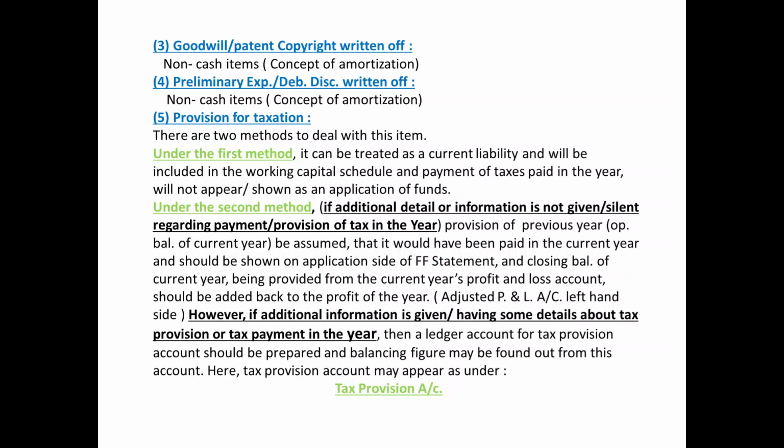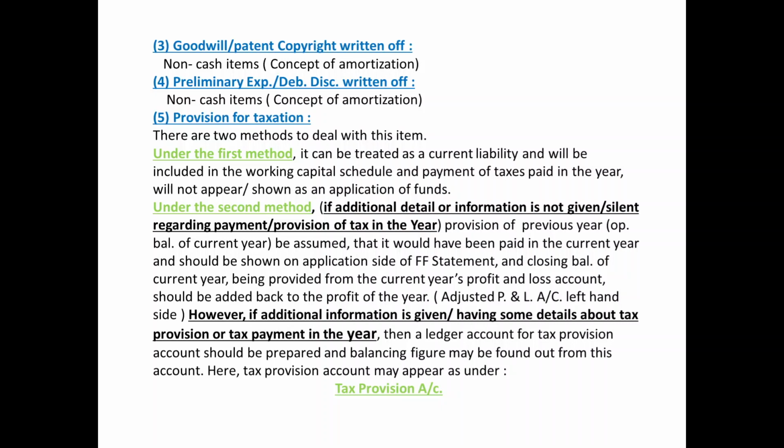So by applying the concept of amortization, to amortize means to spread over a time span of so many years, company will gradually write off this type of intangible assets.